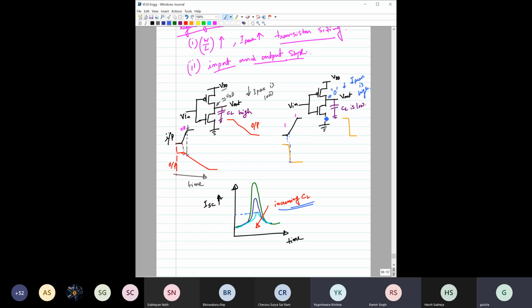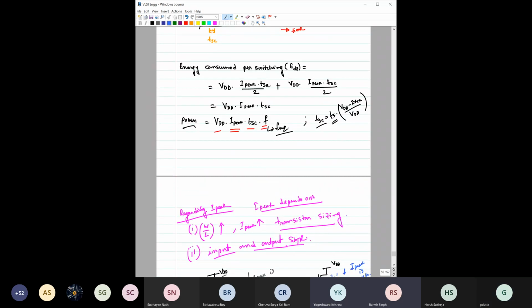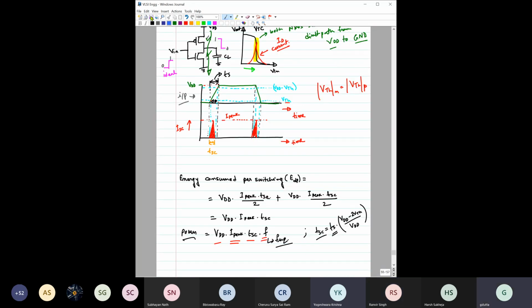Yes, sir. And sir, on the previous page, how did you write the expression of TSC in terms of TS? Okay, so TS is the total time, from 0 to here. If you consider the total time here, till VTH there is no current, because one transistor is off. And from VDD minus VTH to VDD, again another transistor is off.